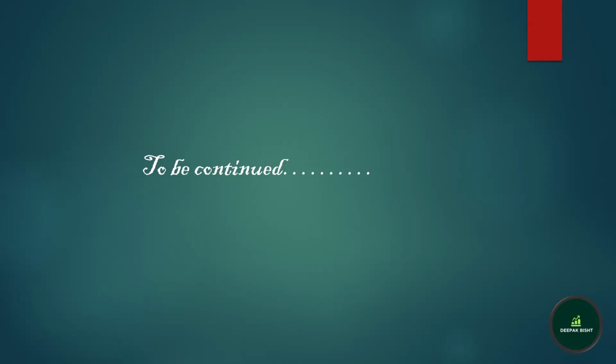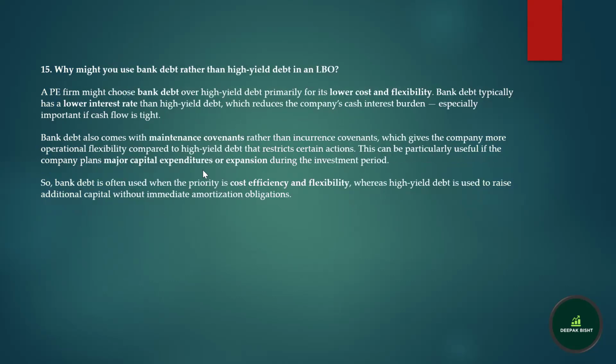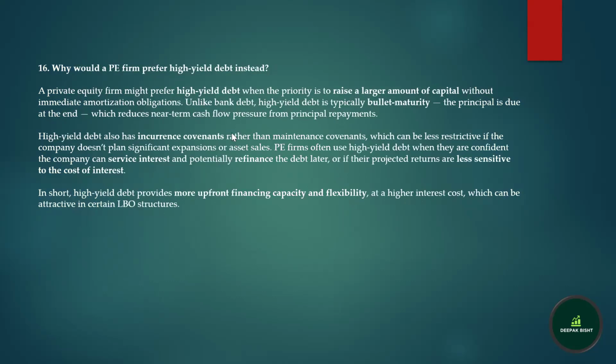So as of now, we have discussed the difference between bank debt and high yield debt and which we will prefer. In one case, we discussed high yield debt, and in one case we discussed bank debt, and the preference given to which one.